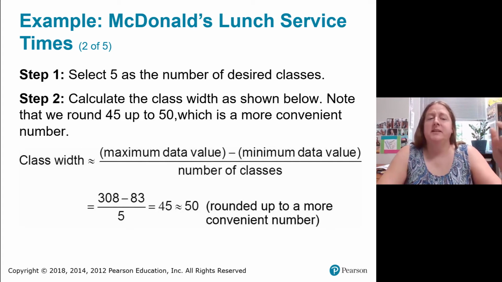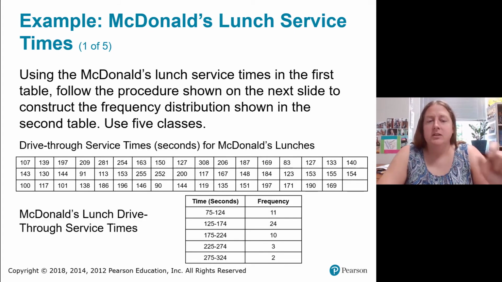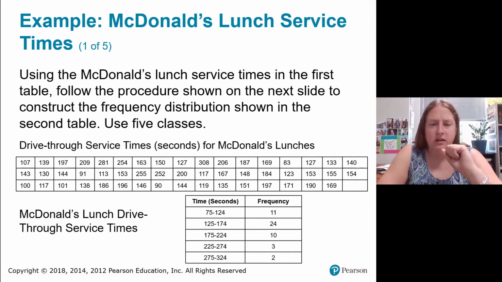Step 2 says that we need to calculate the class width. So 5 is the number of classes we have. We need to find our maximum data value, and we see that is 308. Then we need to find the minimum data value, and looking through our data, we find 83 to be our smallest.